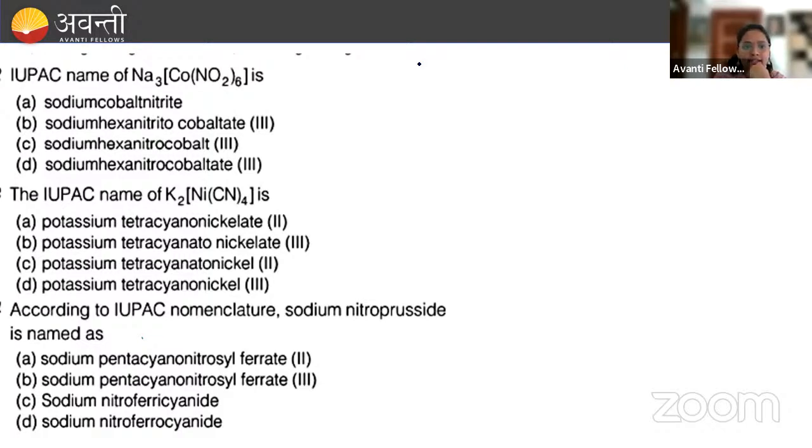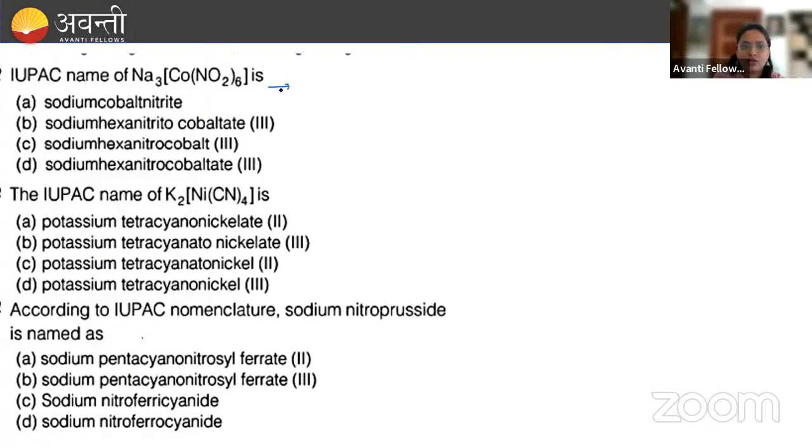Which ligand is that? Nitrito ligand. Okay, nice attempt at giving the answers here, but let's try to solve this.